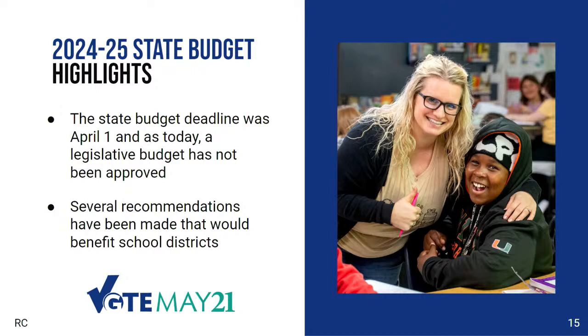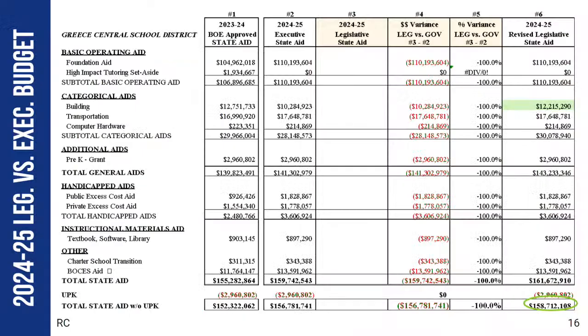UPK funding and changes in the access of the funds, that's something a lot of folks are looking forward to see what's going to go on with that. And then continued free breakfast and lunch program. We need additional funds in there to continue this working its way through. So we'll see if any of that comes through over the next week or two. If not, we'll go with what's here.